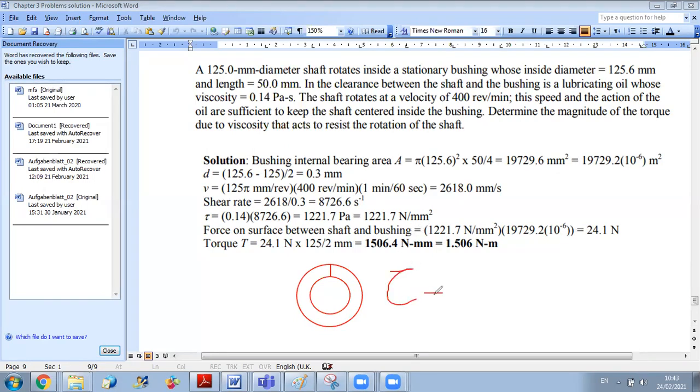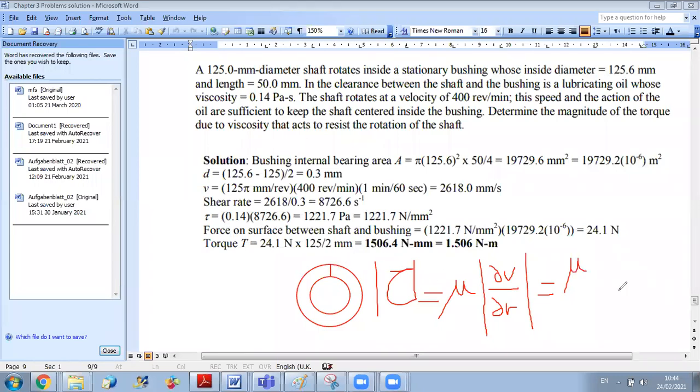is equal to mu times del V by del R. Since I am considering just the absolute value, it's mu times the variation of velocity, which is V inner minus V outer.